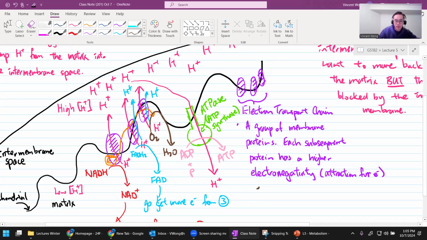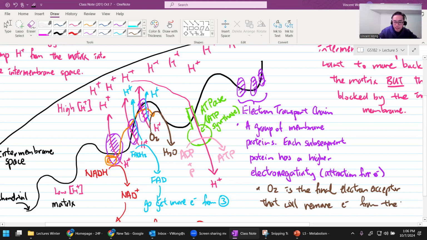All right, so I'm going to write it over here. O2 is the final electron acceptor that will remove electrons from the ETC.